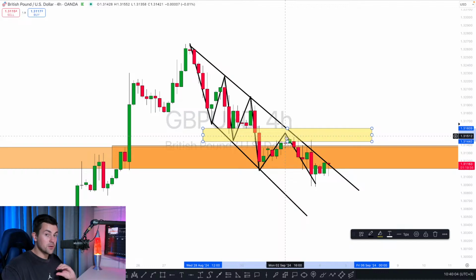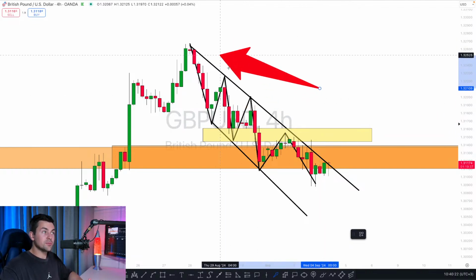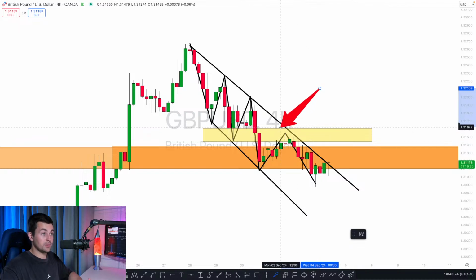And again, for those who are trading smart money concepts, that yellow resistance here is very important. Why? Because that yellow resistance right here is the last lower high in this minor bearish trend. And the structure based on the level of the last lower high in a bearish trend is always very significant.